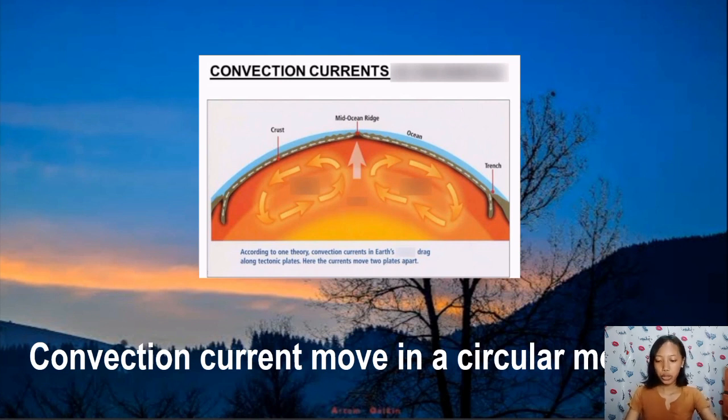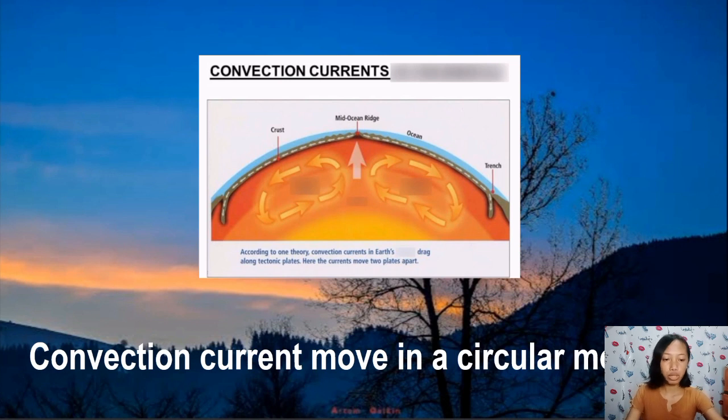Then, heat and pressure within the Earth cause the magma to flow in the convection current. So, ang katong init ug ang pressure makes magma nga ma-flow into the convection current. So, the magma will rise to the surface. Sunod sa arrow, ma-rise siya to the surface, then spreads, and then begins to cool, and then if mukul na siya, mabugnaw siya, it will sink back down to be reheated and it will rise again.